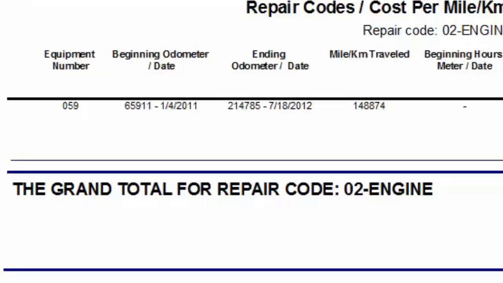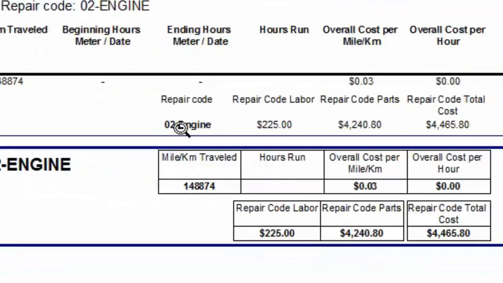214,785. And so for the engine, the repair code for labor was $225, and the repair code parts totals were $4,240.80. The repair code total cost for the engine, for repair code type engine, was $4465.80.